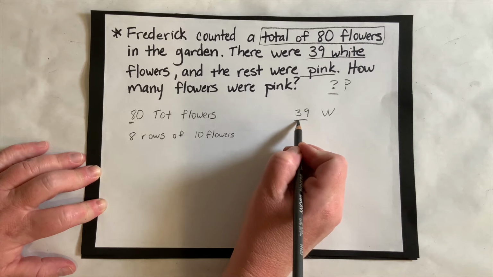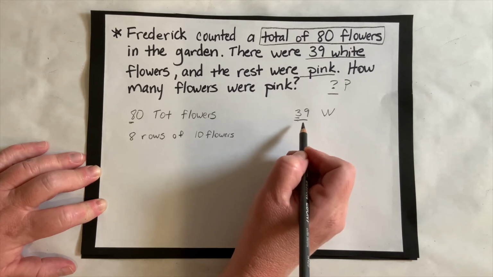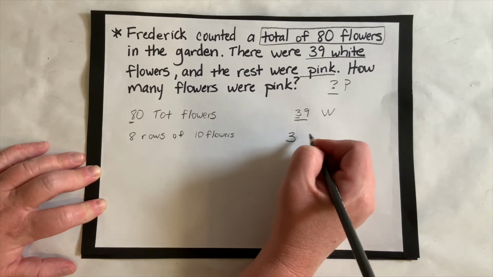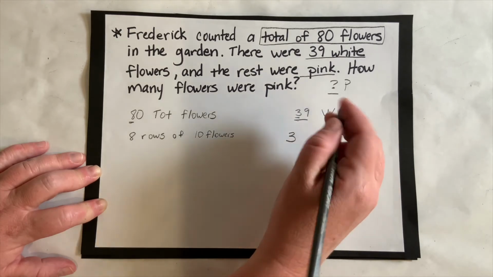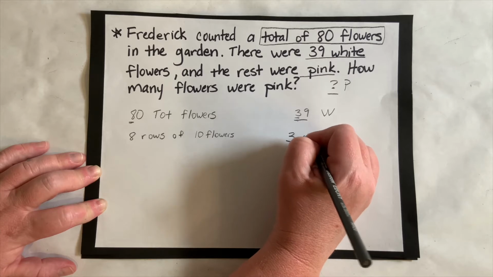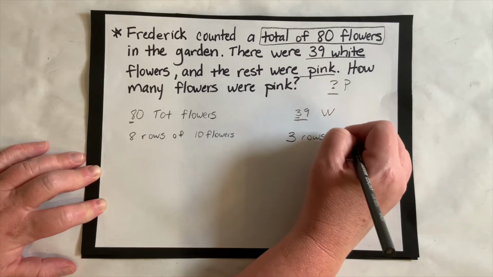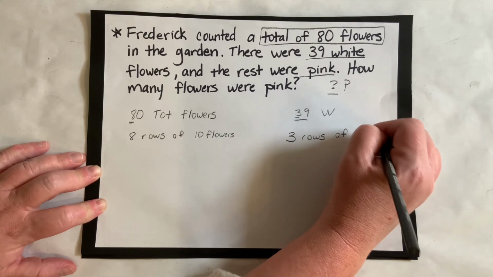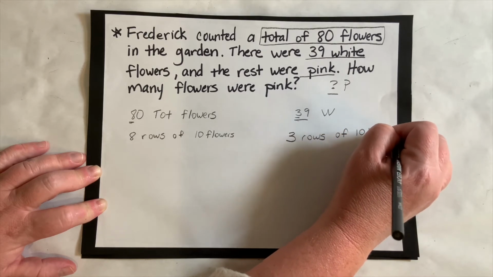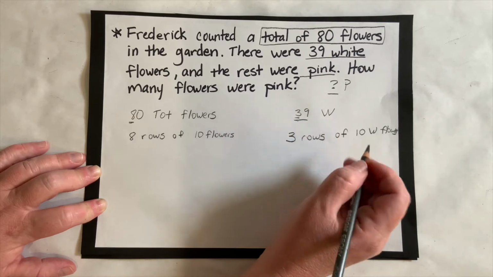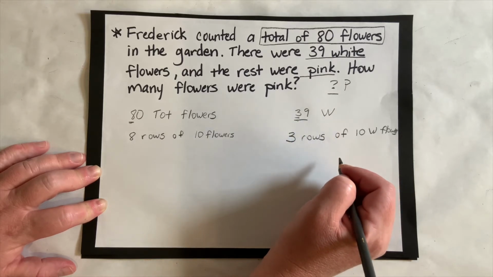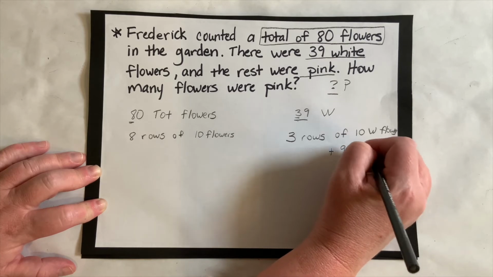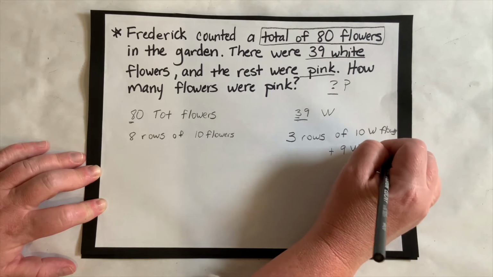What is in the 10s place? 3, right? So we could maybe add how many rows of white flowers? We could add 3 rows of 10 white flowers, and there'll just be 9 by itself, correct? So we're going to have plus 9 white flowers, not a complete row.